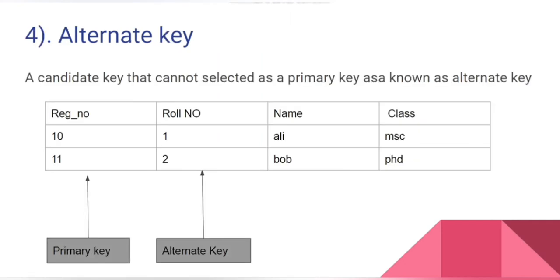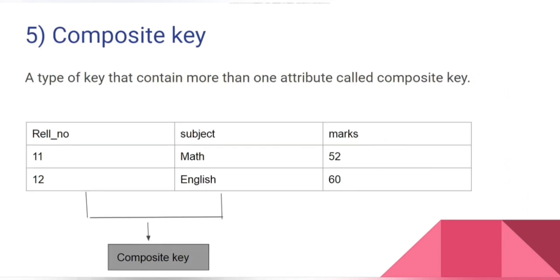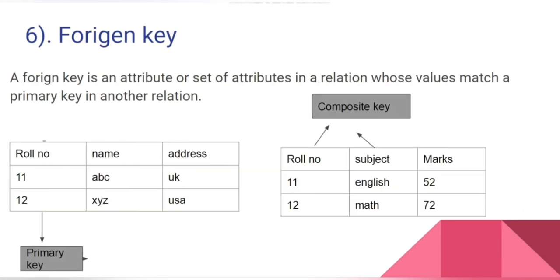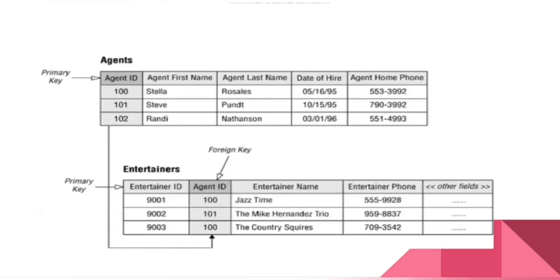Alternate key: if I want to make another key for the relation, it becomes the alternate key. Composite key contains more than one attribute. Foreign key: I use the key in two relations, so it becomes the foreign key. And here's an example.